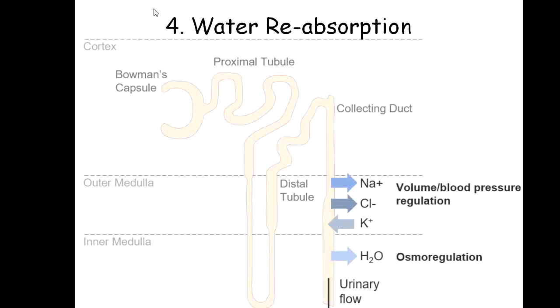This step is actually the water reabsorption. With the absorption of sodium, the water molecules will also be reabsorbed, because each sodium has some water molecules all around it. But simple water, which is not combined with any sodium ion, is also reabsorbed in this step, and that causes the osmoregulation of the body.